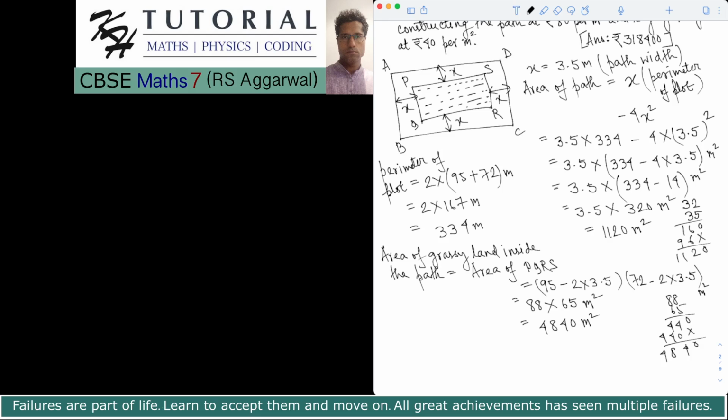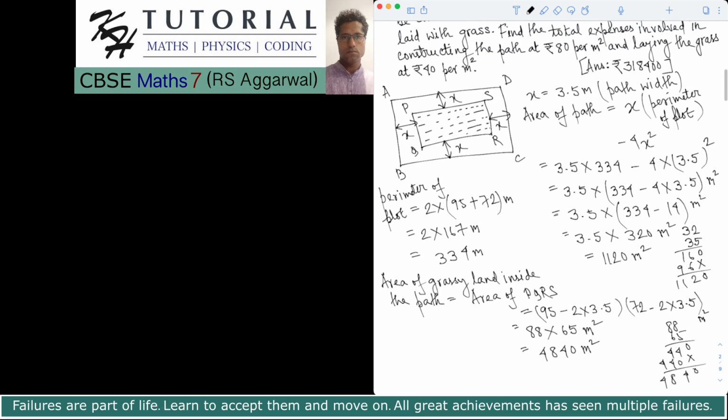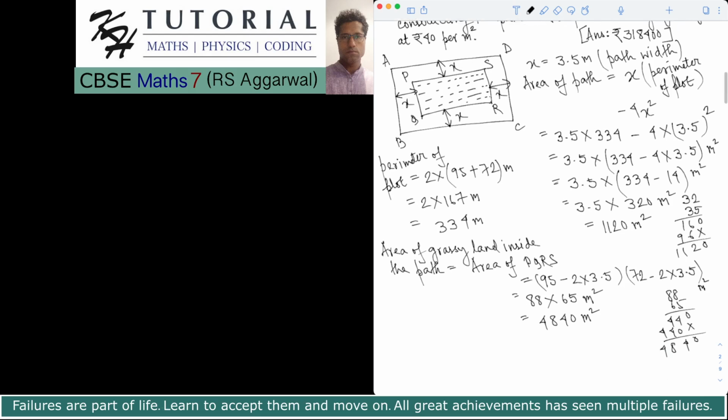So now we have to find the cost of the path and the cost of laying grass in the area of the rectangle PQRS.